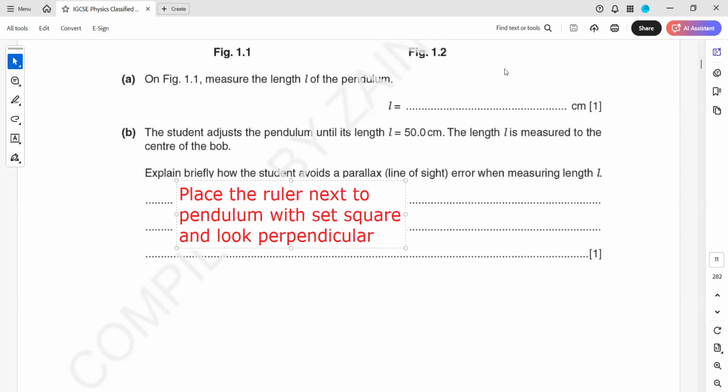Yes, by viewing at eye level or looking perpendicular, but explain briefly: placing a ruler next to it, then placing a set square, and then looking perpendicular. That will be more accurate. Is it clear? Yes, sir, clear.